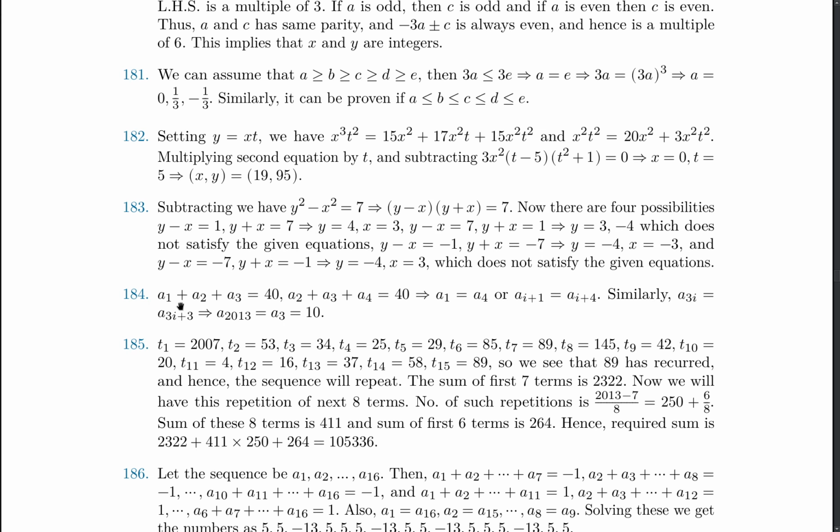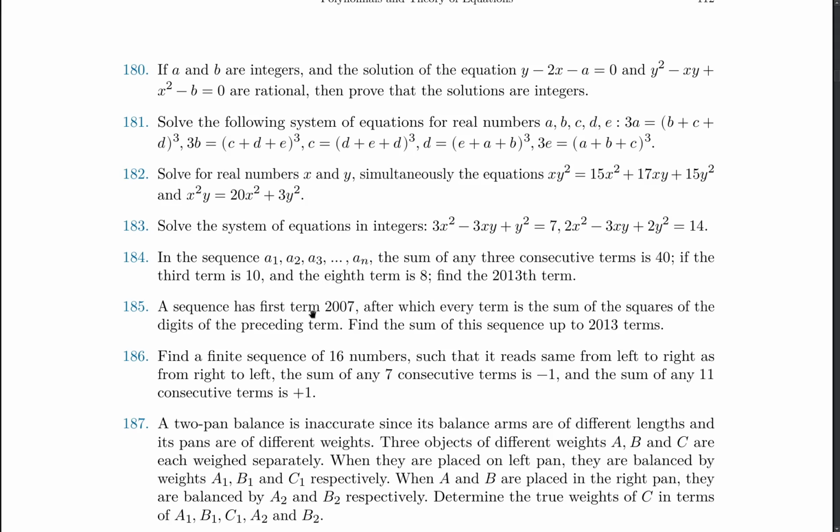So we can say that a1 plus a2 plus a3 is equal to 40, a2 plus a3 plus a4 is equal to 40. Now we subtract, we get a1 is equal to a4. We can say that ai plus 1 is equal to ai plus 4. And similarly, we can compute that a3i is equal to a3i plus 3. So a2013 would be equal to a3, which is given as 10.